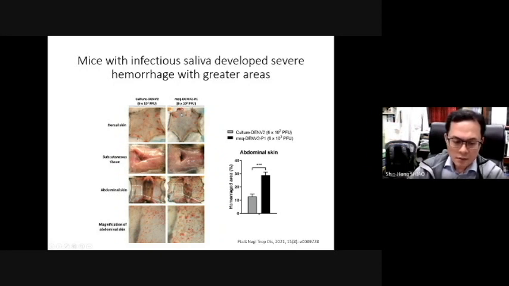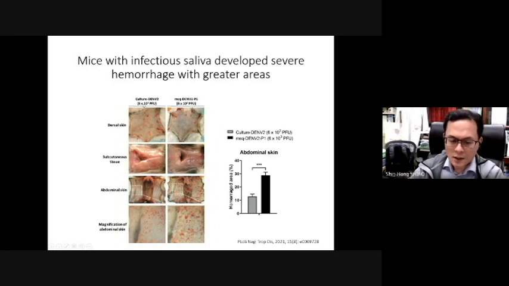This virus obtained from one cell culture passage, we call MSQ DEN2 P1, which means the P1 passage virus, was again compared to culture DEN2 for their potential to induce hemorrhage in the stage 1 knockout mice.